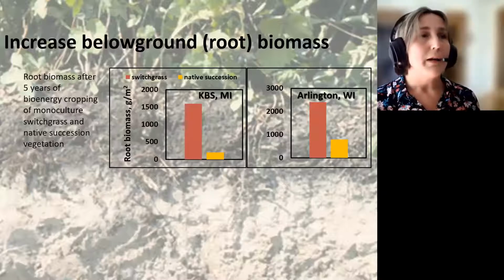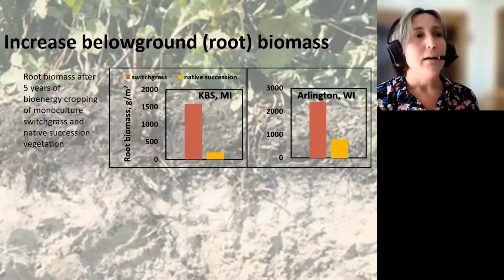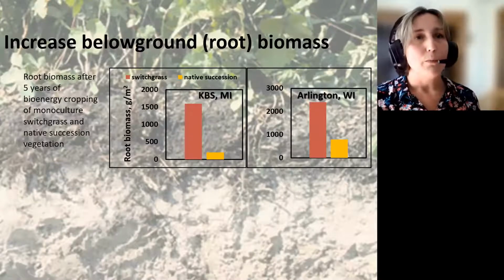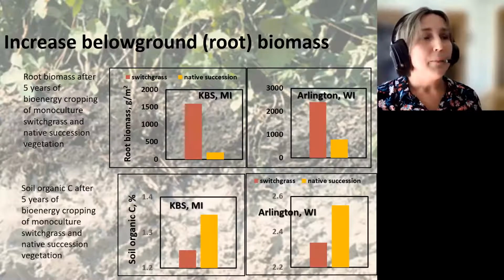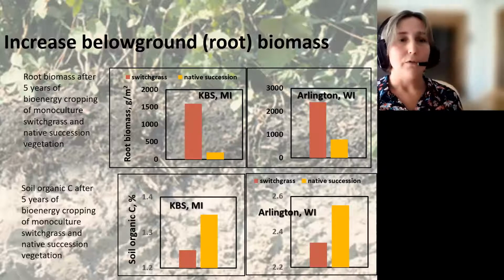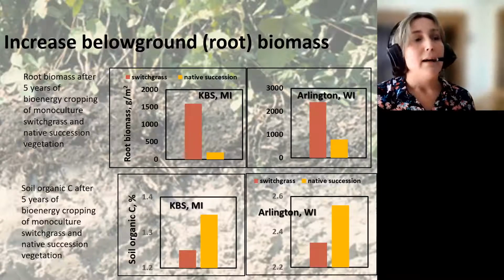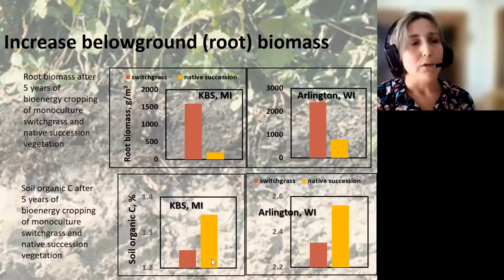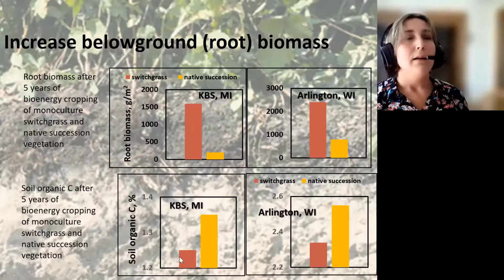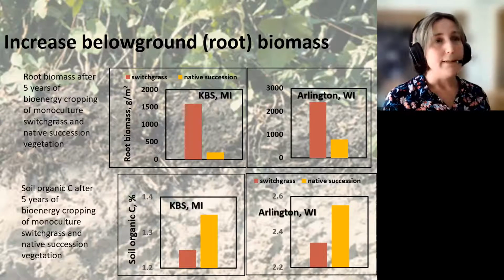So I show you a graph like that, and you are probably thinking, well, I know what soil carbon is going to look like, and switchgrass is going to have much more, but actually it's the other way around. After those same 5 years of implementation, the old field vegetation led to an increase in soil carbon, and switchgrass just barely kept it at the same level where it was.